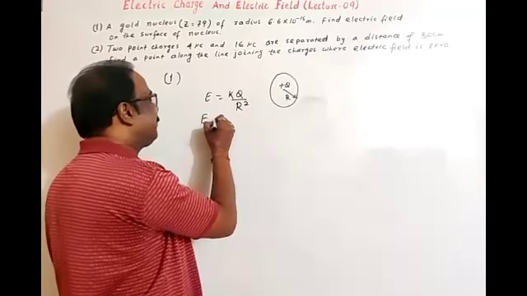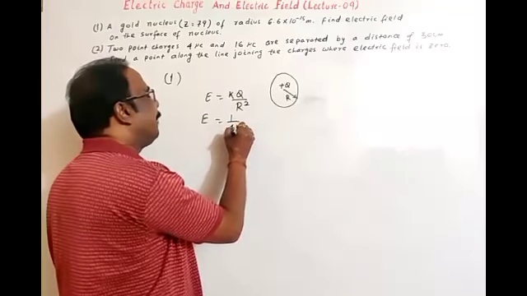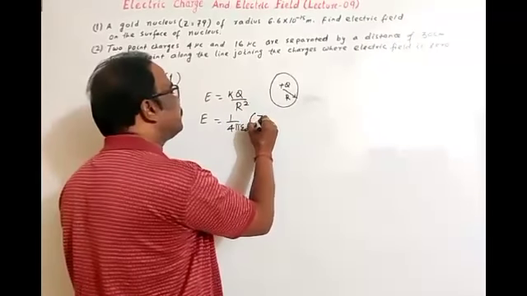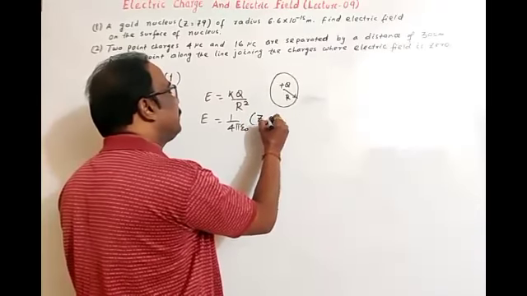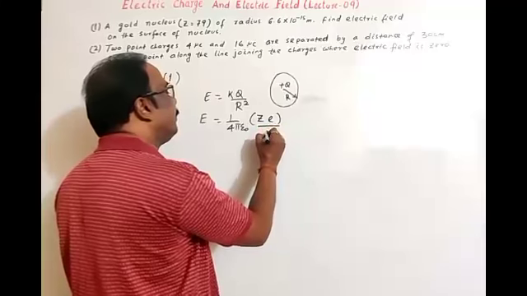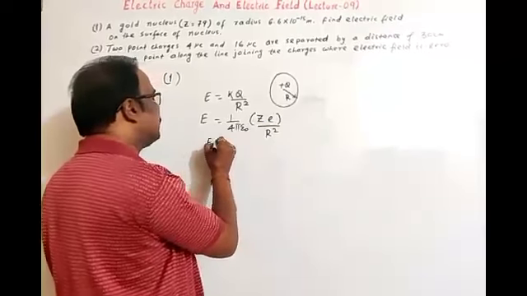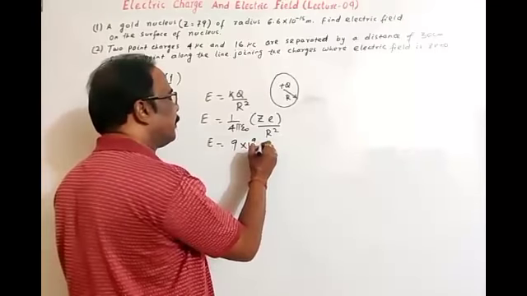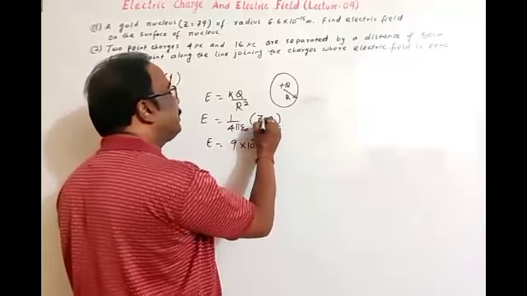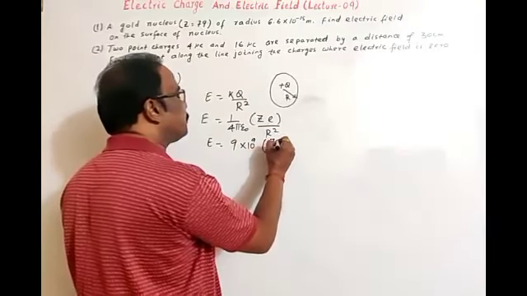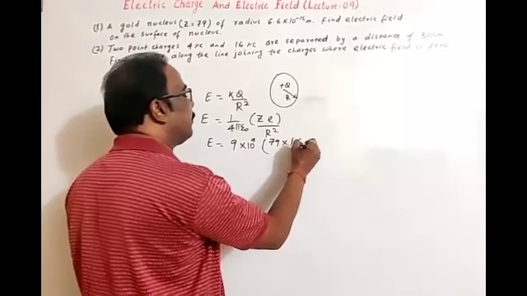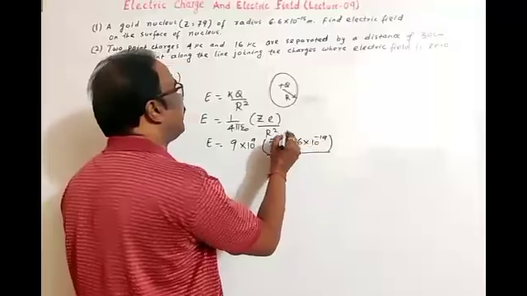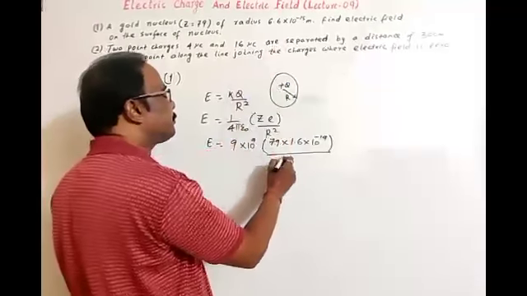Then electric field E = K, 1 divided by 4 pi epsilon naught, then total charge of nucleus is product of atomic number and charge of electron, divided by square of distance. 1 divided by 4 pi epsilon naught is 9 into 10 to the power 9 in MKS, and atomic number is 79 and charge of electron 1.6 into 10 to the power minus 19 coulomb, divided by square of distance, means square of radius.